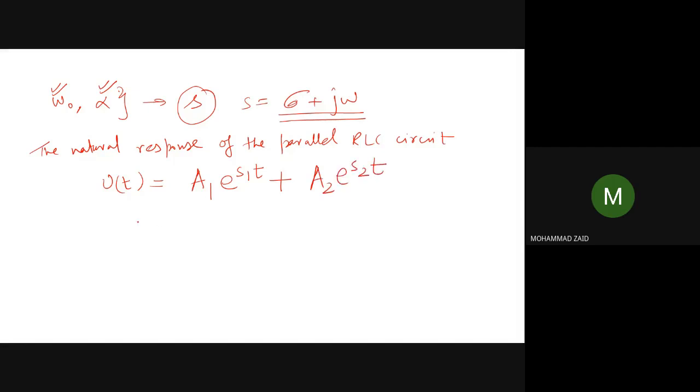A1 and A2 are unknown constants which need to be determined.